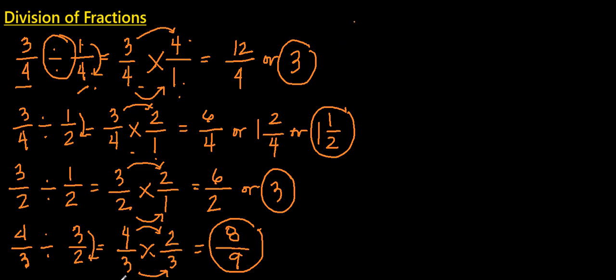Let's try another example. We have 1 and 2/3 divided by 1/4. So let's convert this to an improper fraction first. 3 times 1 is 3 plus 2, 5/3 divided by 1/4.